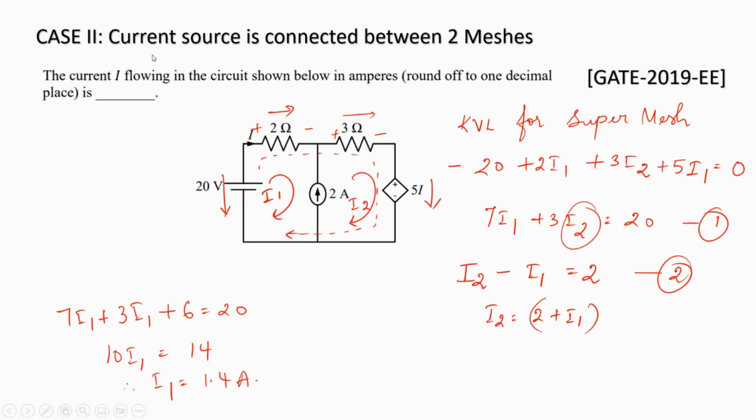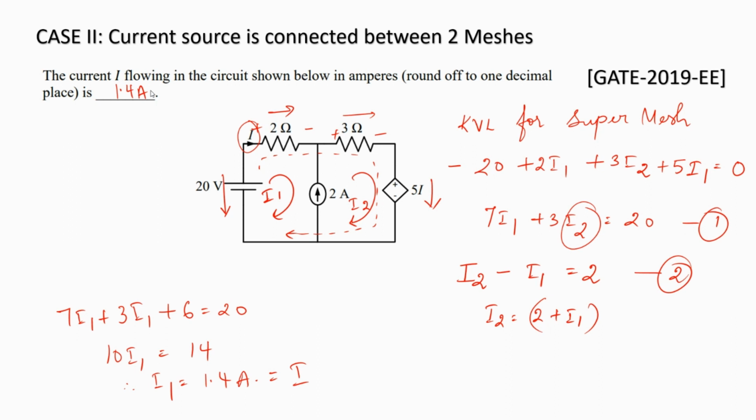The question says we need to find out the current I flowing in this circuit, and according to the loop current that we have marked, I is nothing but I1. So this is the value of I that is flowing in this circuit. So the answer turns out to be 1.4 amps.